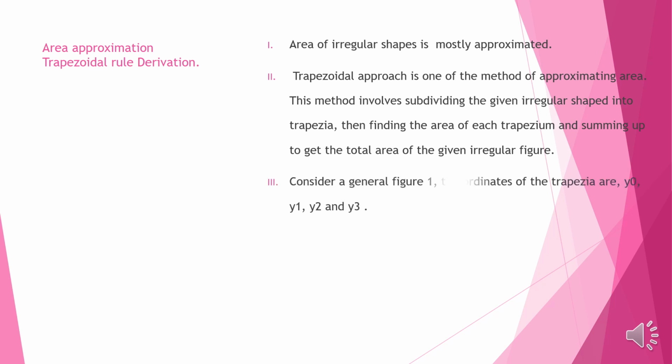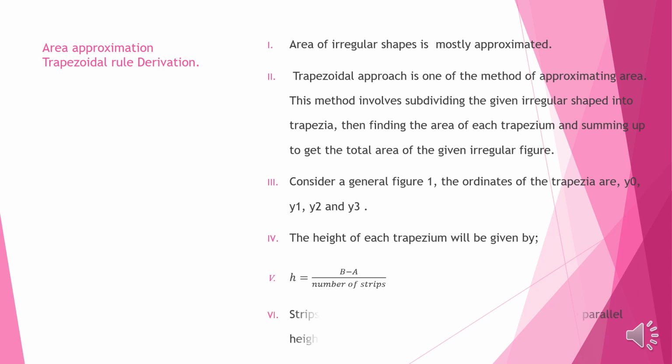Now, I want us to consider a general figure 1. The ordinates of the trapezia are actually given as y0, y1, y2, and y3 in that order. Now, to get the height, which is uniform across each trapezium, we'll apply the following relationship, where we take the difference between b and a, and then divide by the number of strips or the number of trapezium.